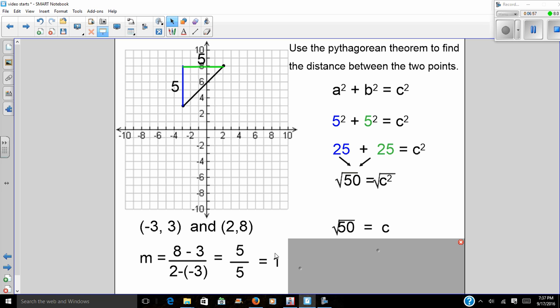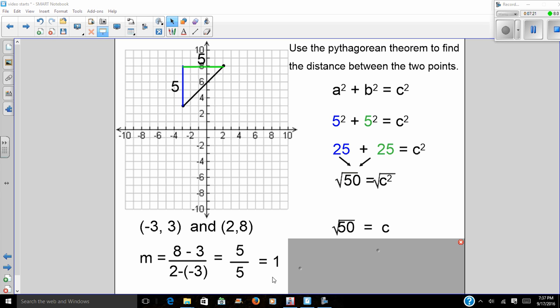We do need to make sure that if you're using the slope to help you find numbers that plug into the Pythagorean theorem, you use the original numbers from before simplifying. Make sure you're using the 2 5s, and that we don't want to use 1s in our Pythagorean theorem. That obviously would not get us the correct length of this hypotenuse.